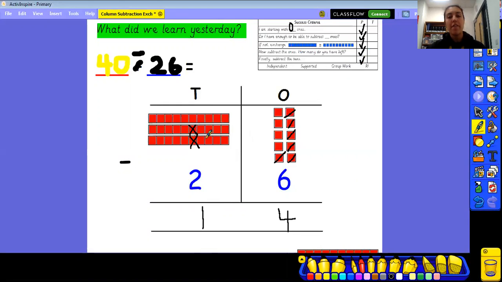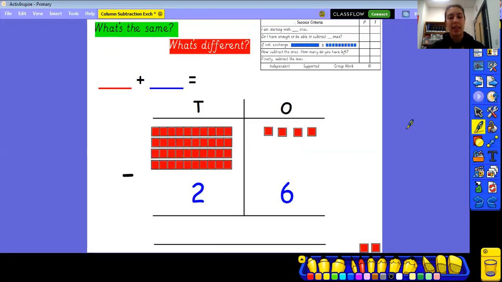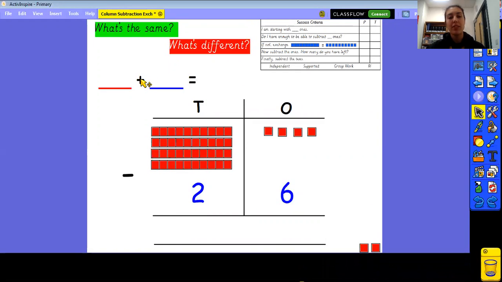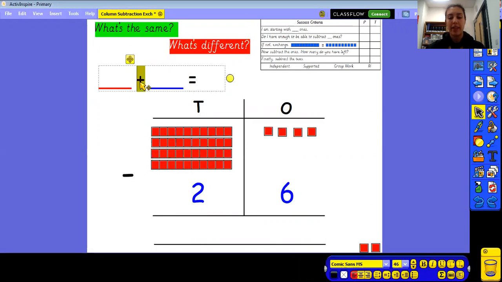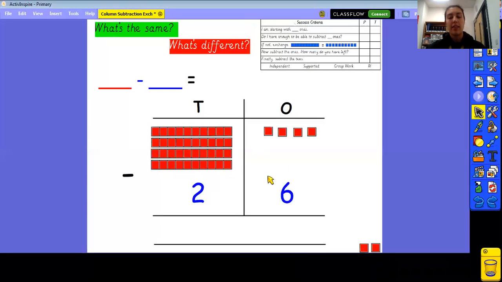So we just did 40 take away 26. I want you to have a look at the next calculation, and I want you to think what is the same and what is different about the calculation that we have now.